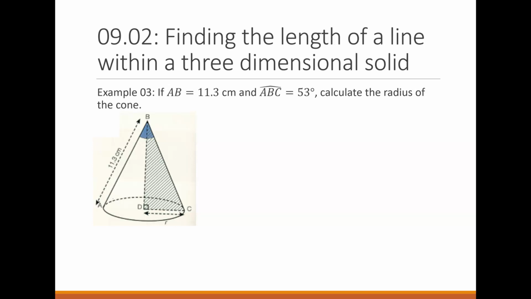So we have a cone here. We're told that the side AB is 11.3, and angle ABC is 53, and we're asked to find the radius of this cone. Do we have the information we need to fill in our calculation triangle BDC?